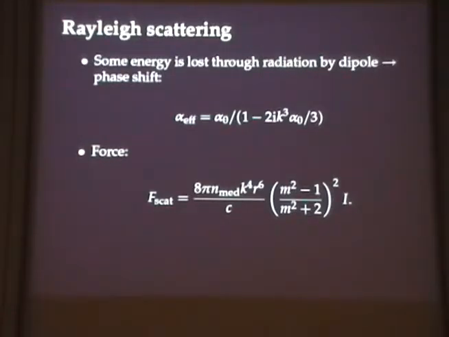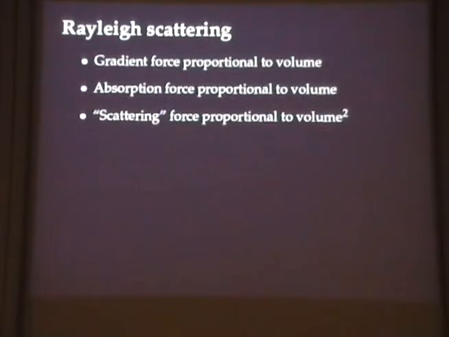And again, we get some insight. We can put this together. The gradient force was proportional to the volume of the particle. Now, I didn't show it explicitly, but if we had a complex refractive index for the particle, that is, if the particle is absorbing, we'd also have an absorption force proportional to the volume of the particle.